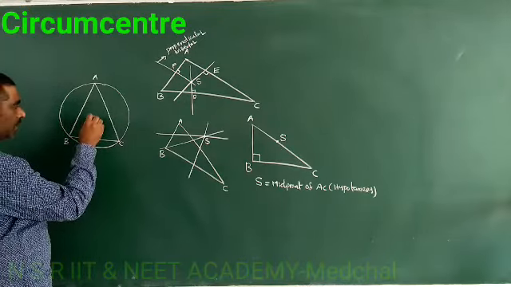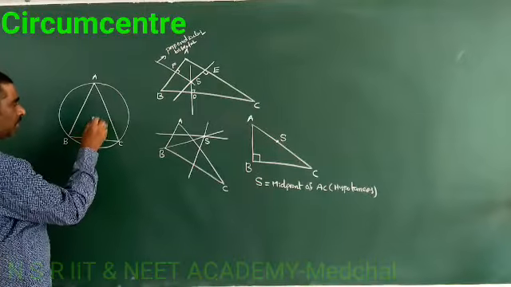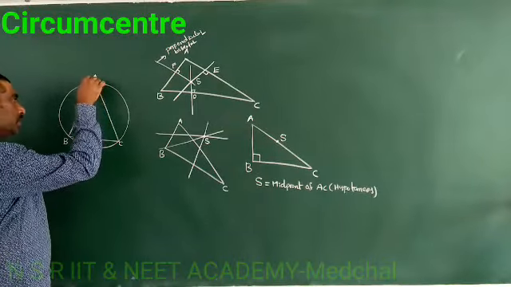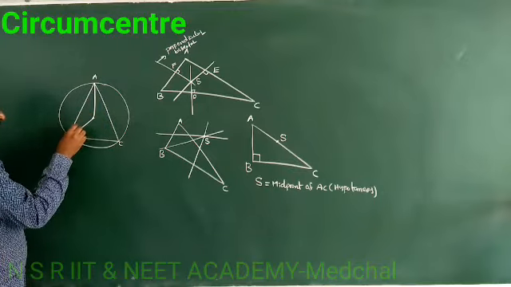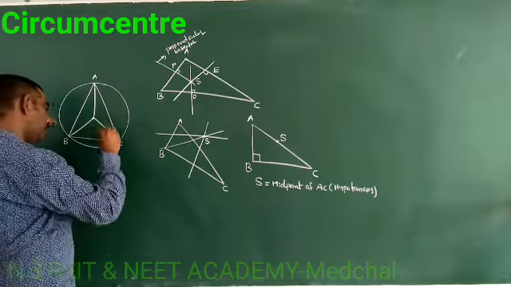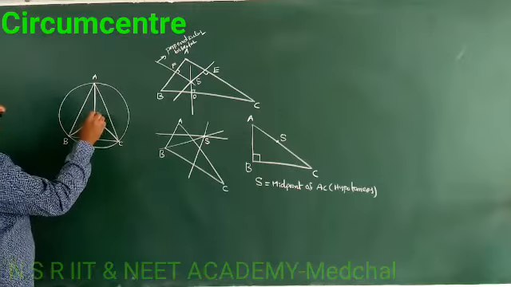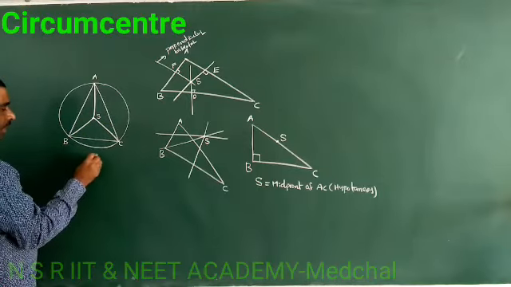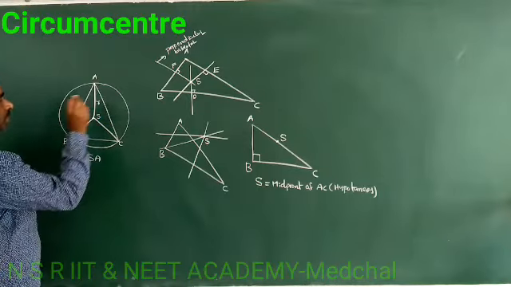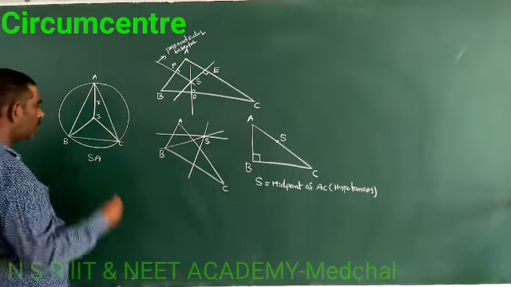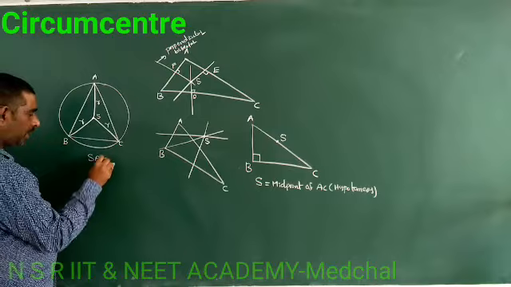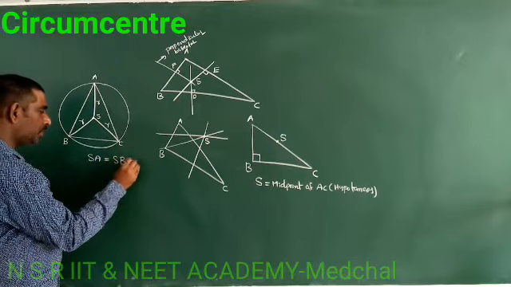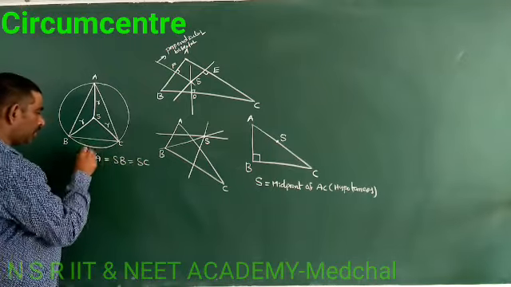The center of the circumcircle is also denoted by capital S. So the circumcenter S has equal distance from the vertices, because the distance from S to A is equal to the radius of the circumcircle. All radii of a circle are equal, so SA is equal to SB is equal to SC.